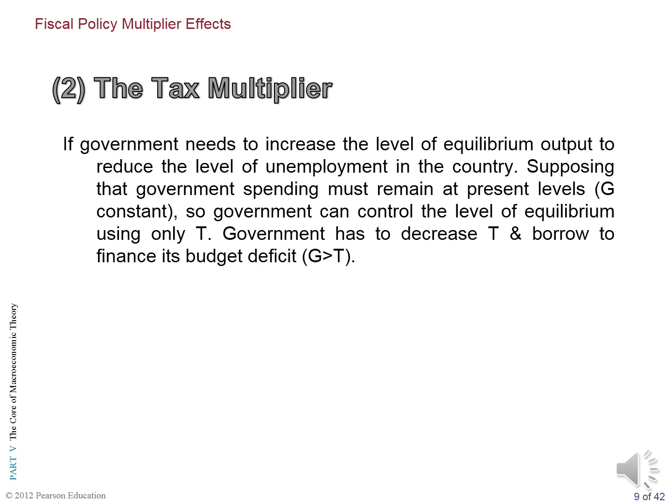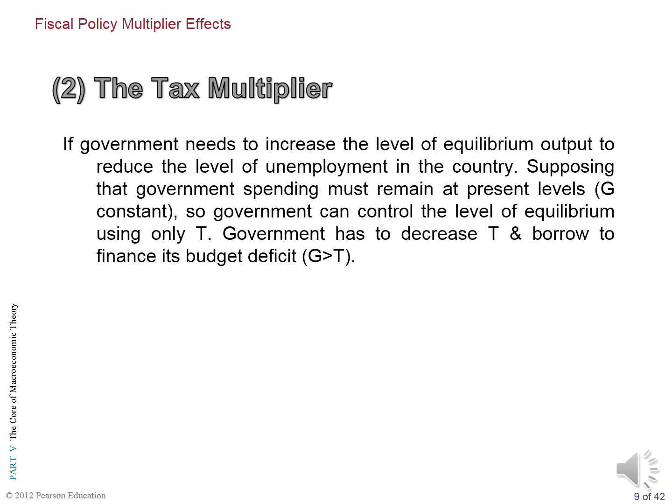If government needs to increase the level of equilibrium income, okay, for any reason, to reduce the level of unemployment in the economy. So let's assume this time that government spending is constant. معايا الجفرمنت بتتحكم في حاجتين: G and T. أول حالة لما كنا بنتكلم على government spending multiplier، we assumed that T is constant وغيرنا G. المرة دي هعمل عكس.